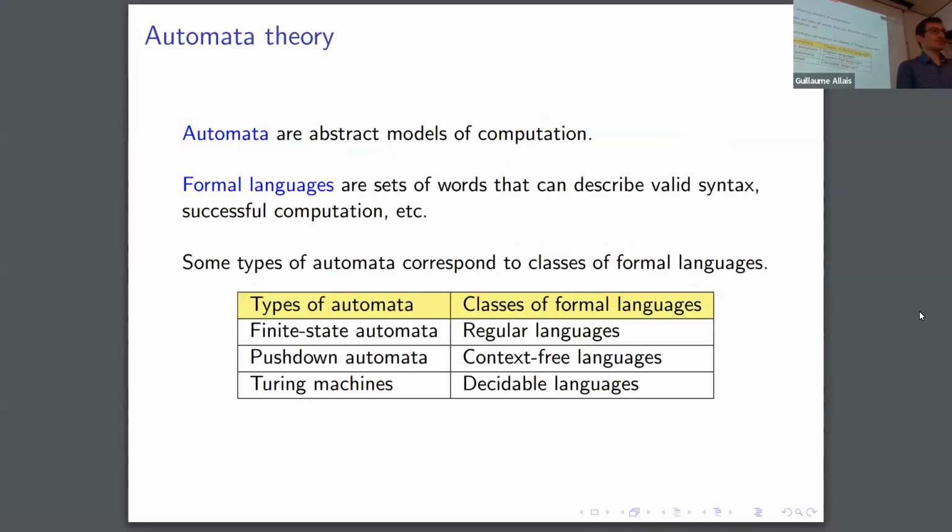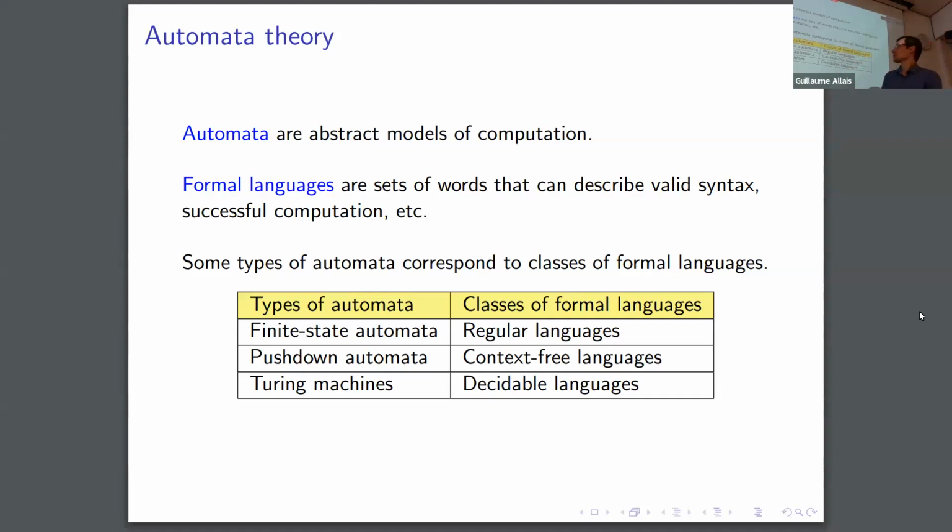So in general, we're going to talk a lot about automata, and what we normally mean by automata is just some abstract model of computation. And it turns out that very often these models of computation are very nicely related to formal languages.